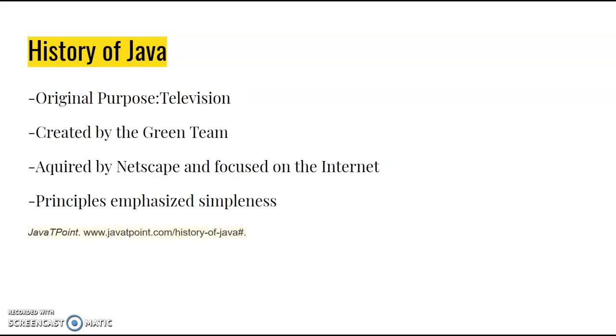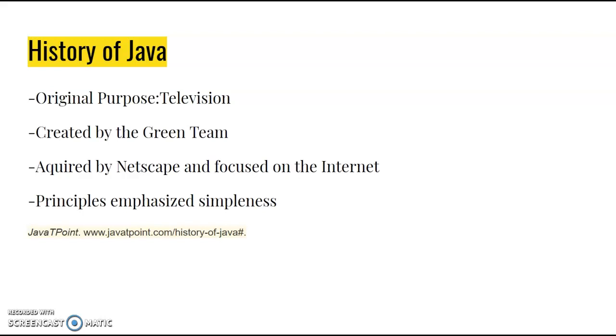Java's probably the most famous coding language as of now, because of its history. Originally it was supposed to be for televisions. It was created by the Green Team, a group of Java coders who wanted to create something new.